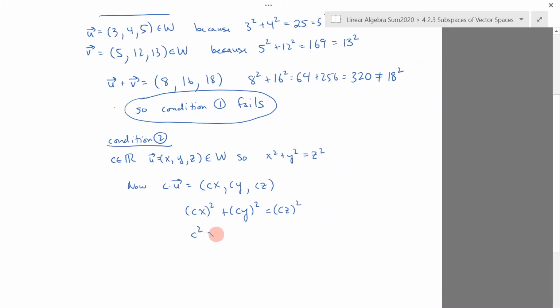So you get c squared x squared plus c squared y squared is equal to c squared z squared.